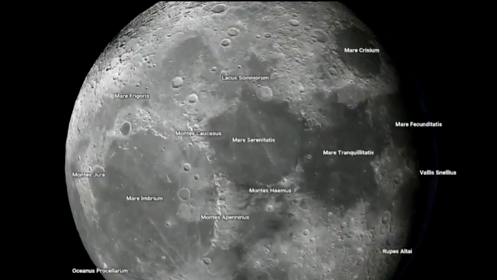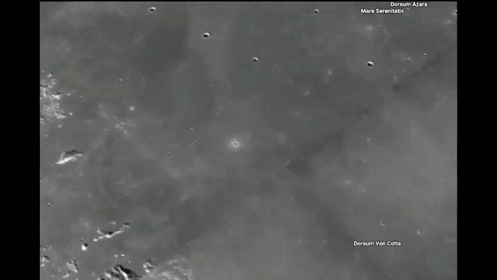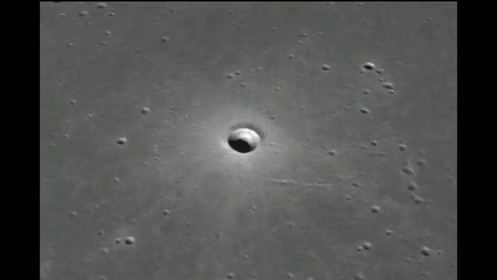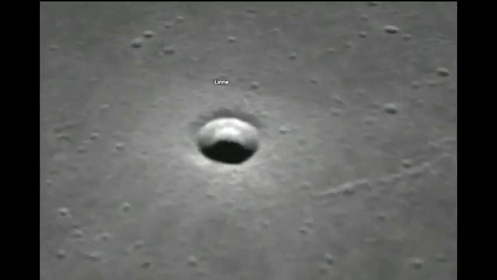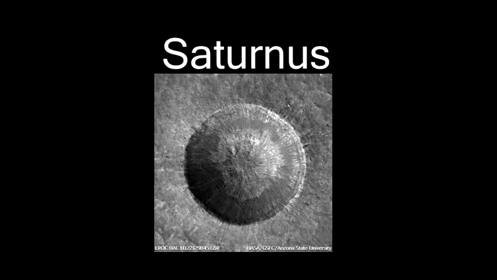But let's go to another crater now, which is very important for our story. For people who saw my video about Atlantis, they know that the reflection in crater Linné is reflected in the firmament as Saturn.